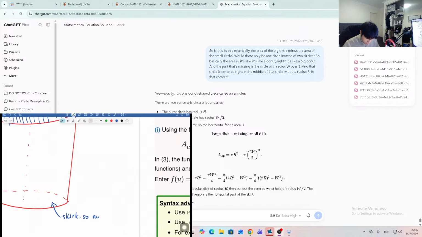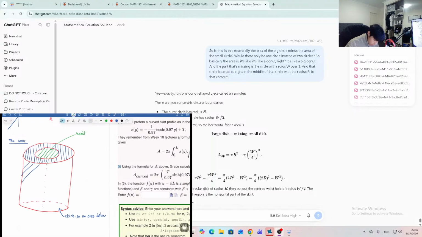So no area below. But you've got this type of area.